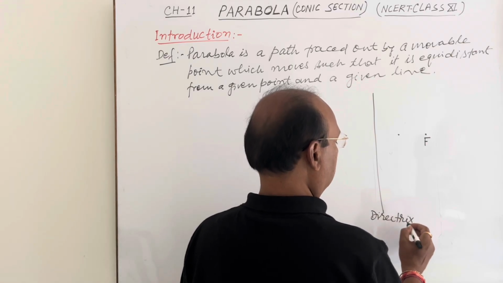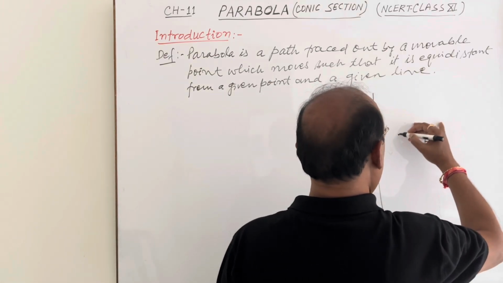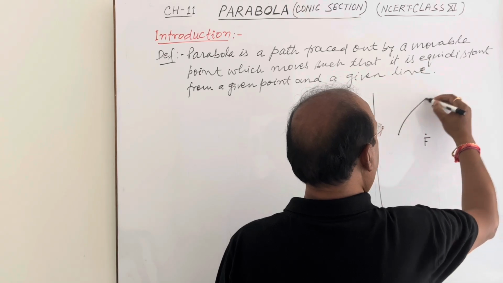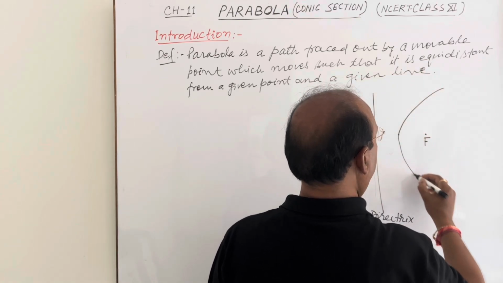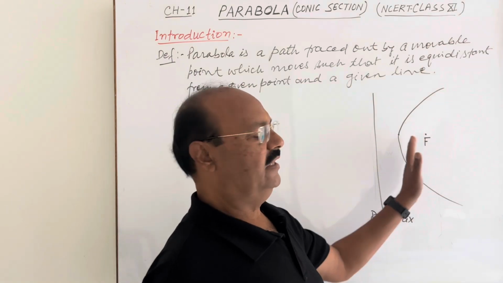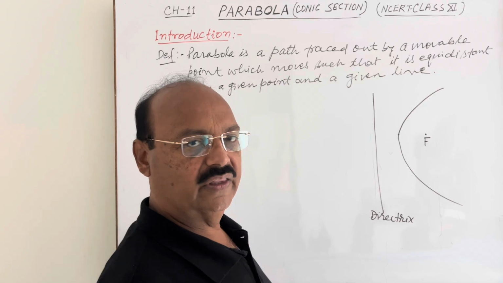Directrix of the parabola. And the parabola is a locus. Point P moves like this. This is called right-handed, open on the right side. Clear?